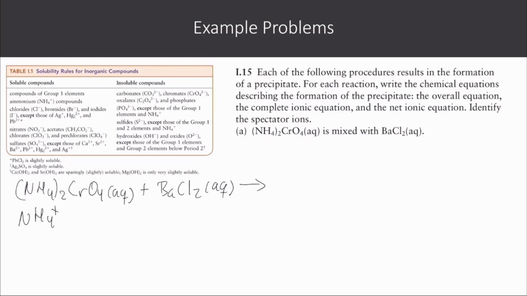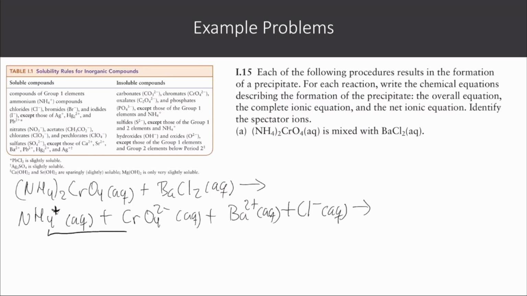So we have the ammonium ion with a plus sign in aqueous solution, the chromate ion with a 2 minus in aqueous solution, the barium 2 plus in aqueous solution, and the chloride ion in aqueous solution.